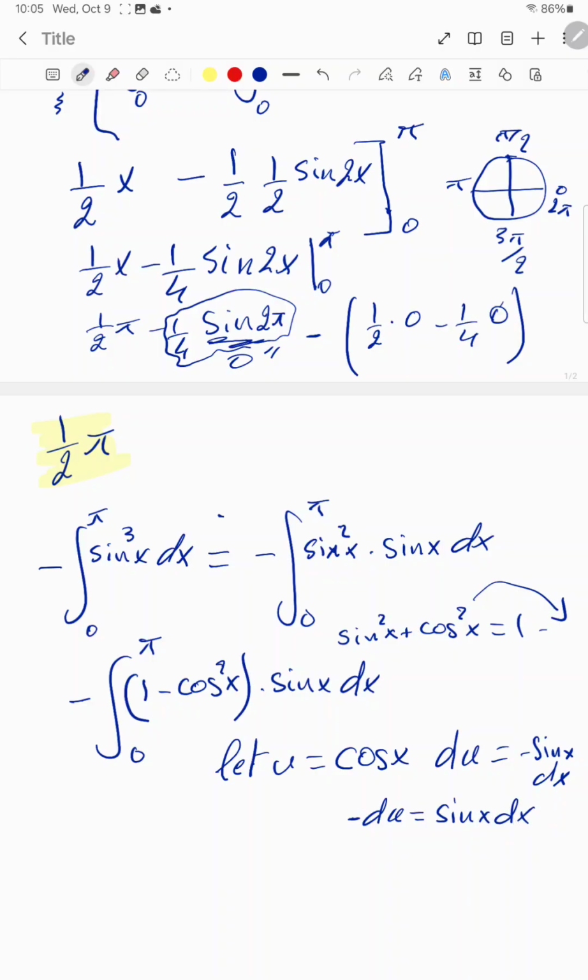You see why I have cosine and sine. I take u equal to cosine, and here is my du. Because I took u equal to cosine of x, I have to find the new boundaries. Cosine of 0 is equal to 1, and cosine of pi is equal to minus 1.